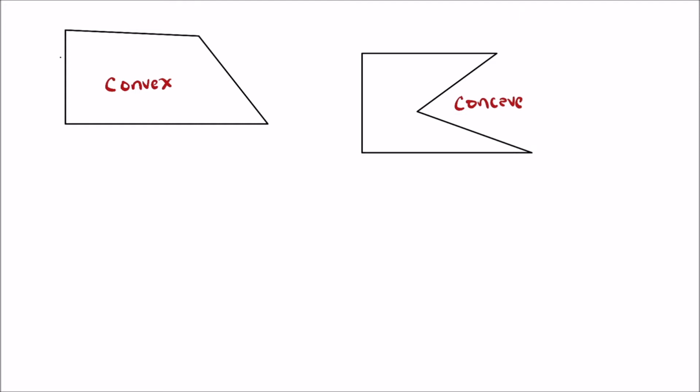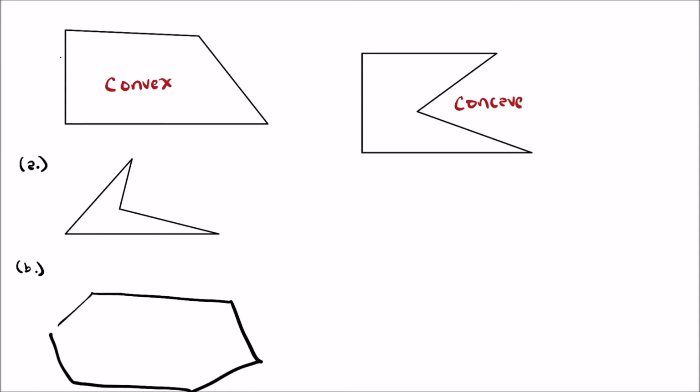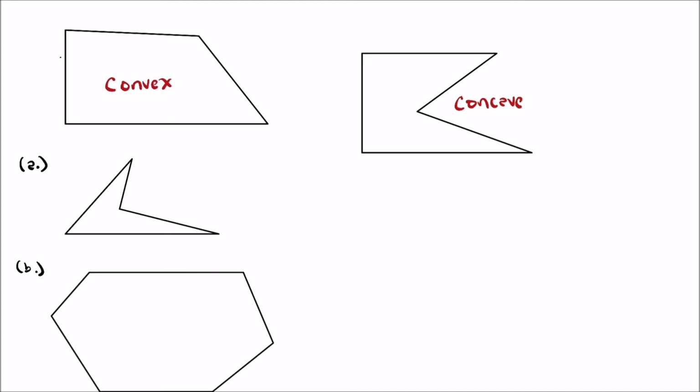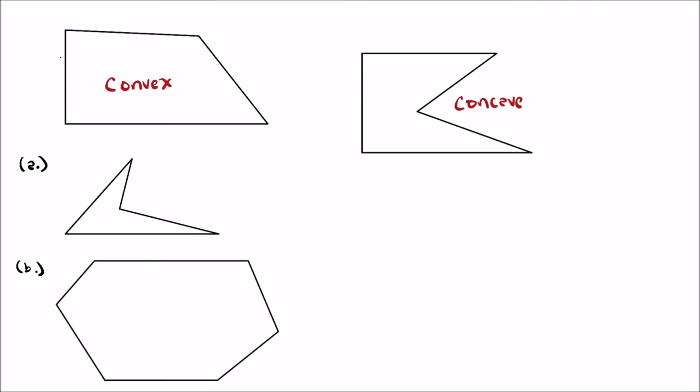And so it's not too difficult now. If I were to give you a couple of shapes, A and B, you would be able to tell me what the shape was based off the number of sides and whether it's convex or concave. So that's going to be our first shape right here, shape A. Our second shape is going to look like so. So let's first count the number of sides.